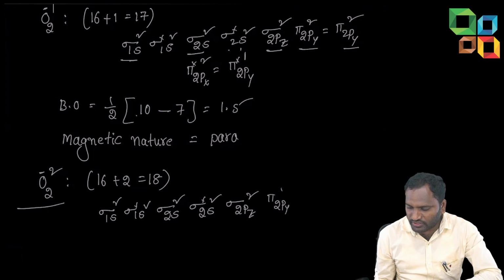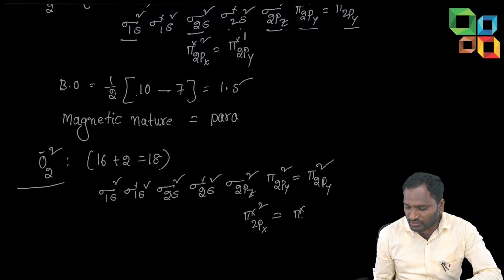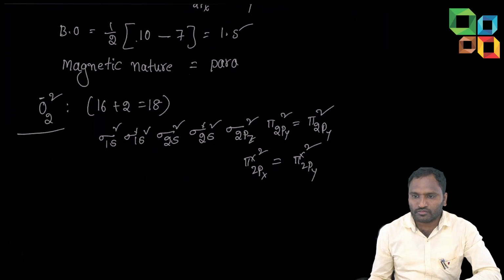One electron you increase. Pi star 2px2, 2 electrons are there, no? Here only one electron is there, no? That also will be paired.